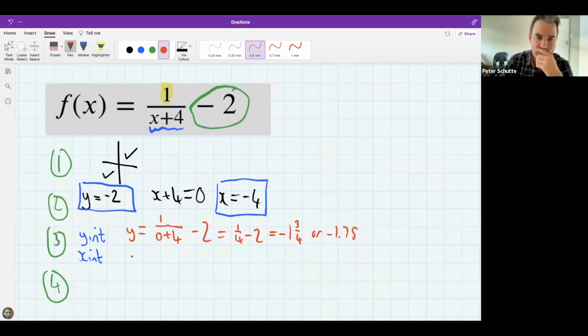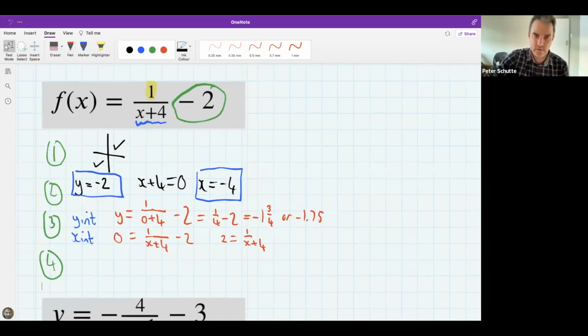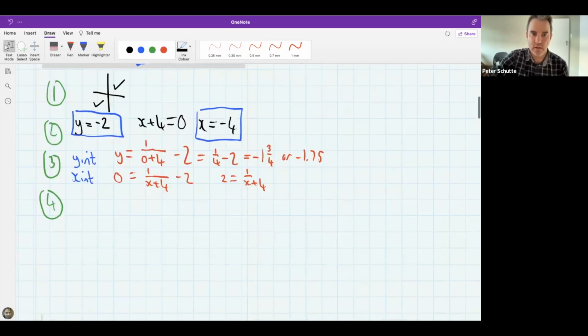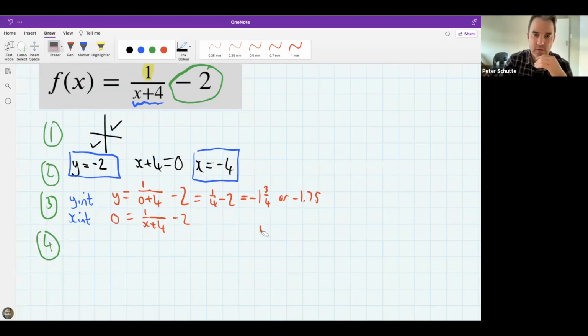So what is the x-intercept going to be? Well, I suppose we have to make y equal to 0. And so you have to solve that equation for me. So normally, I suppose I should write below. I shouldn't really write across. So let's do it like this.